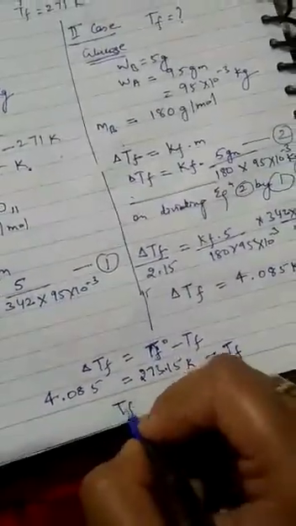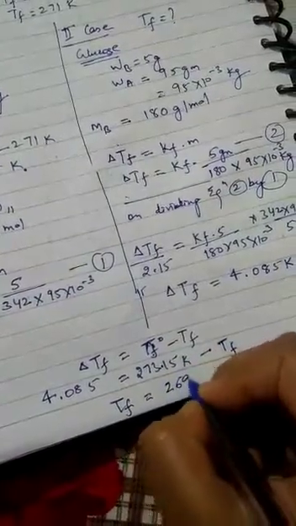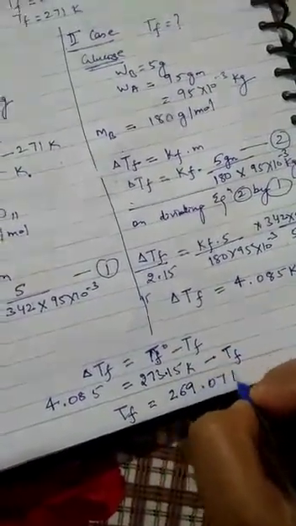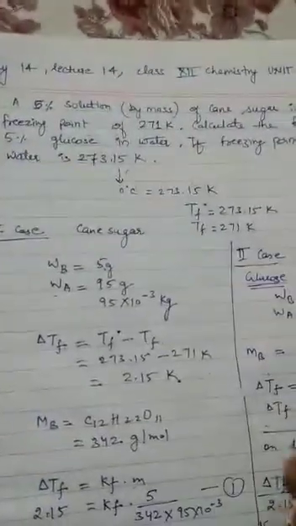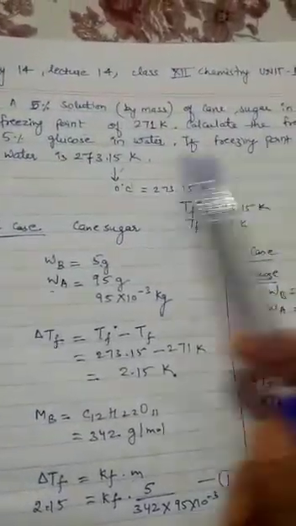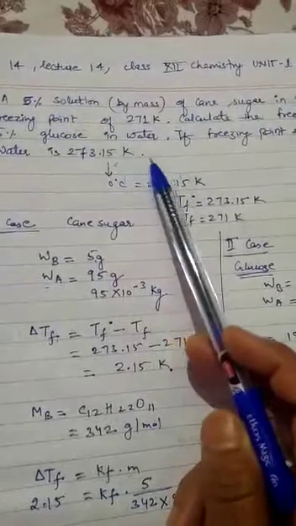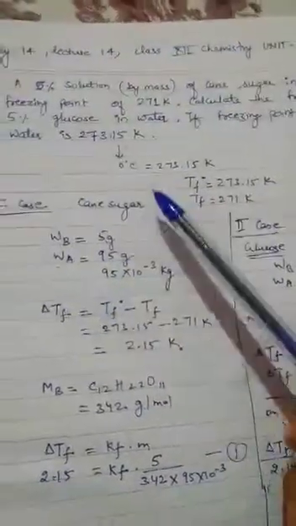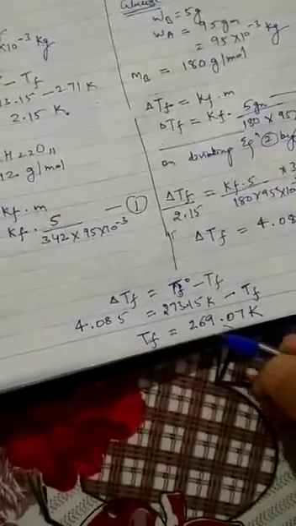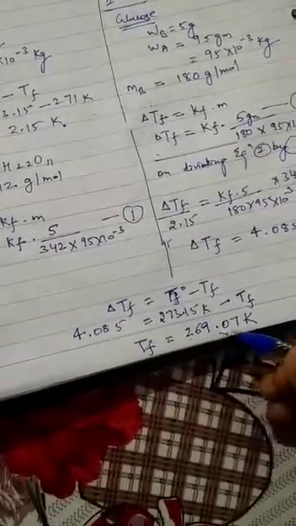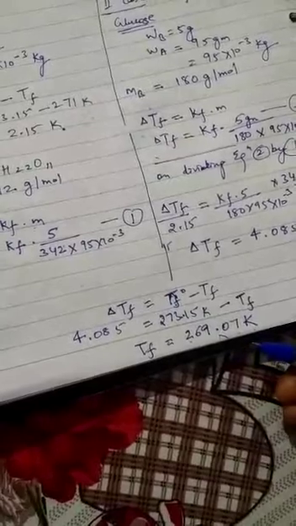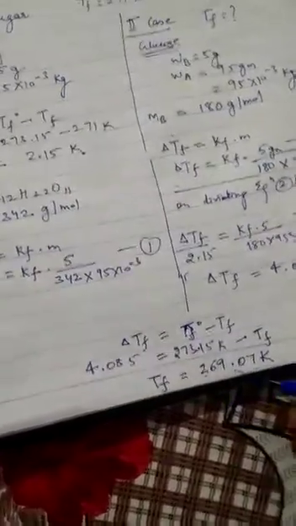So our TF will be 269.07 Kelvin. That means on adding 5% glucose in water, there will be depression in freezing point, and the freezing point will be 269.07 Kelvin, that means below 0 degree centigrade.